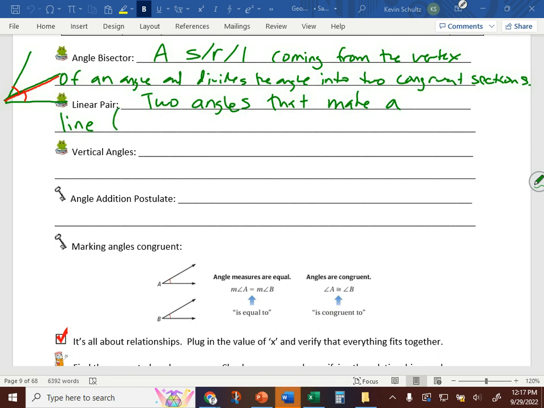We'll say their measures sum to 180 degrees because that is the degree measure of a line. So a linear pair, two angles that make a line, and their measures will sum to 180 degrees.